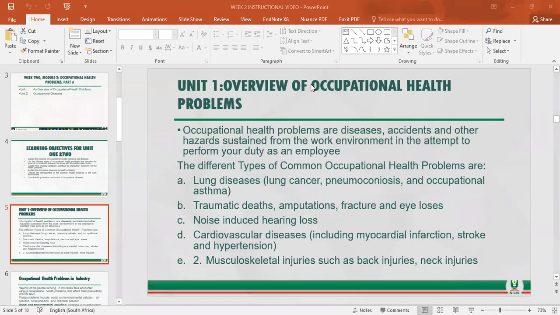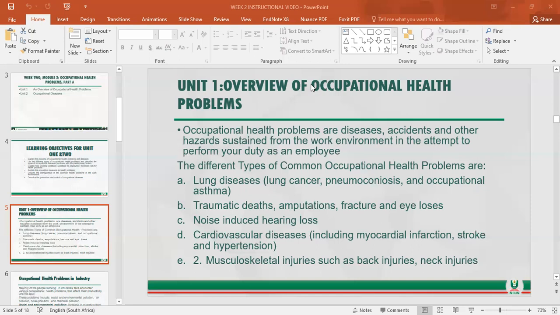Occupational health problems simply means an accident or other form of hazard sustained from the work environment in the attempt to carry out your duty as an employee.